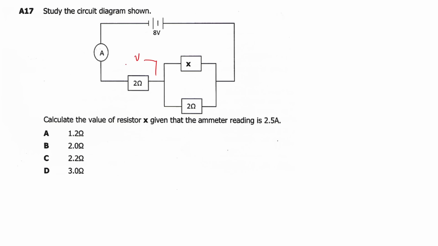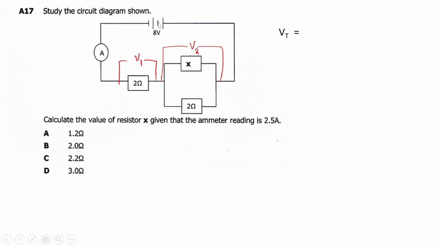Now, for us to calculate the resistor here, we need to know first the voltage across this resistor here, and also the voltage across these resistors in parallel here. Here our total voltage is 8. So what we can do to find this, we are going to say voltage total is equal to, here we can call this one voltage 1 and this one voltage 2.